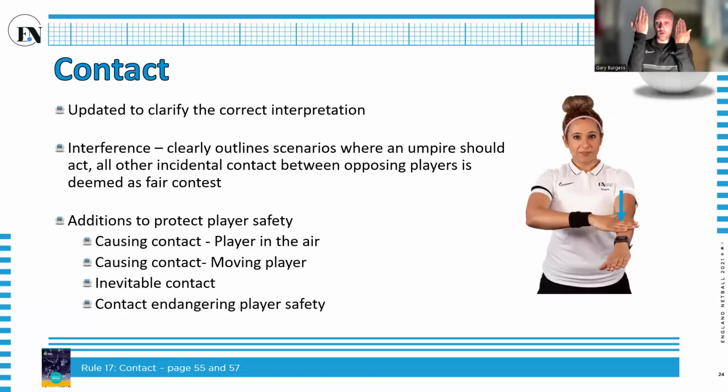Inevitable contact, which is the sandwiching of an opponent by two opposing players so that they can't move without contacting. And then the contact endangering player safety. So often in this rule book, contact and game management, particularly those last three minus inevitable contact, are read in conjunction or alongside each other.